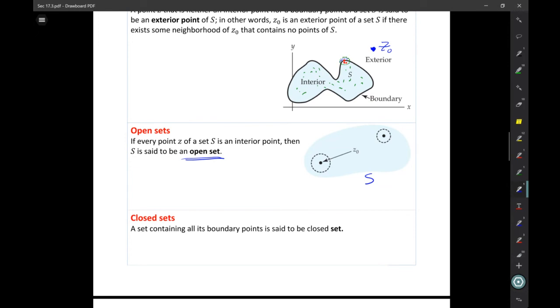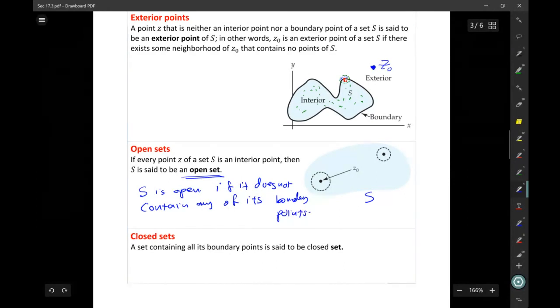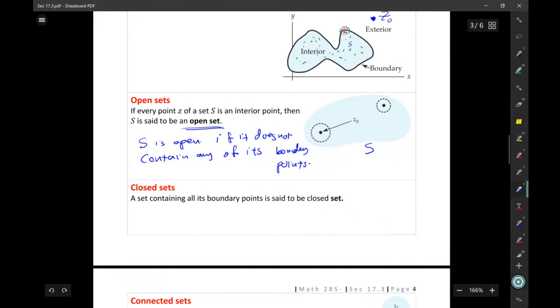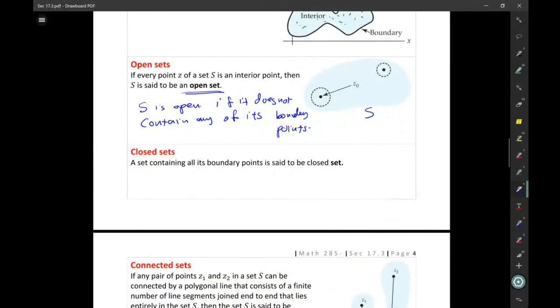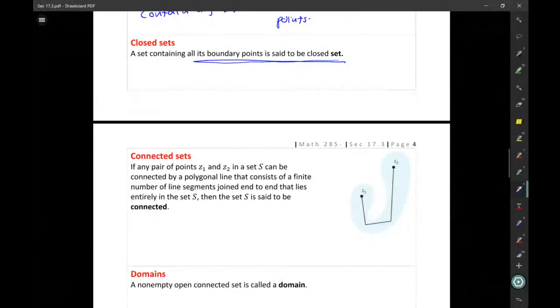Or in other words, S is open if it does not contain any of its boundary points. The closed set is the set which contains its boundary points. We call it a closed set. Of course, this is not required of you much, because it belongs to the topology of complex numbers.